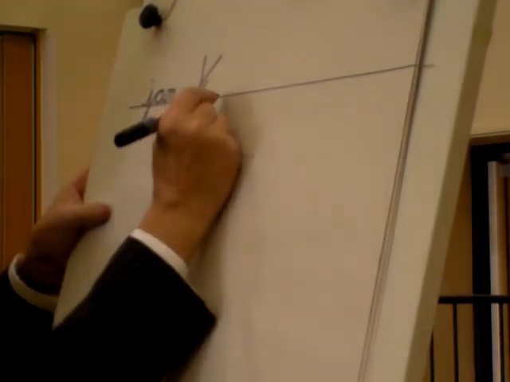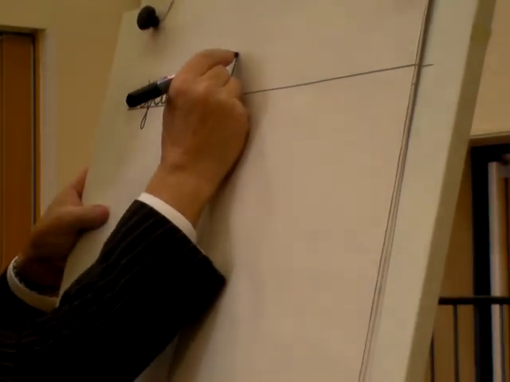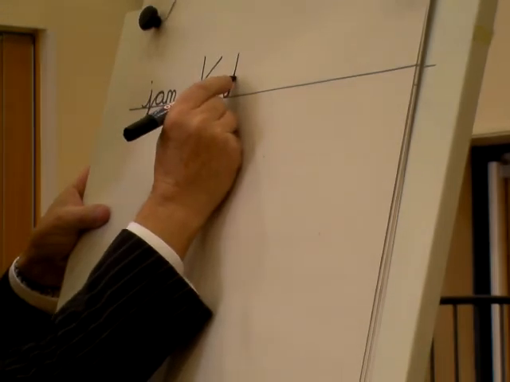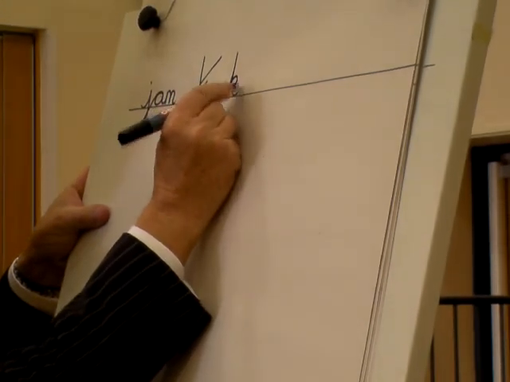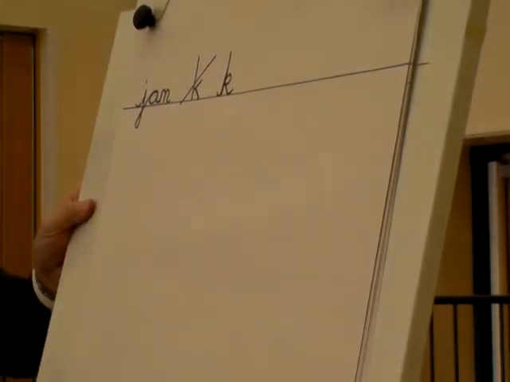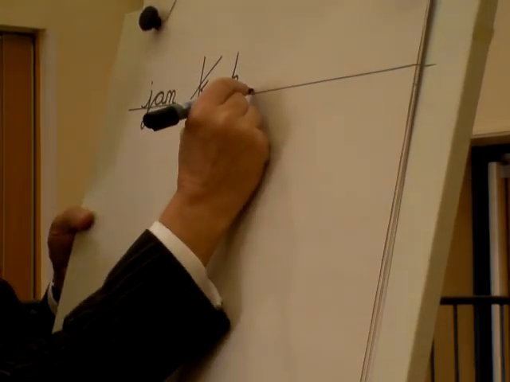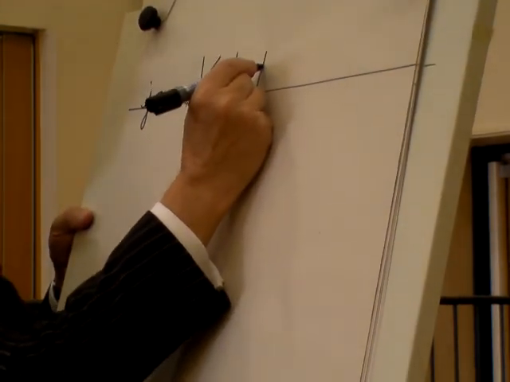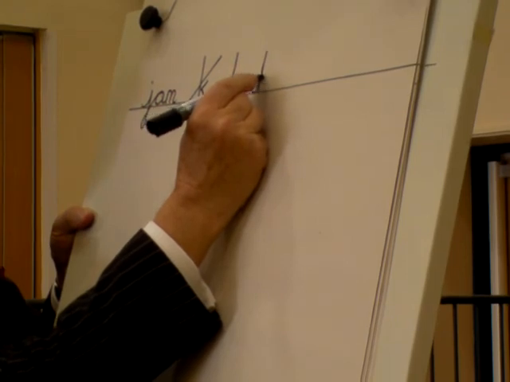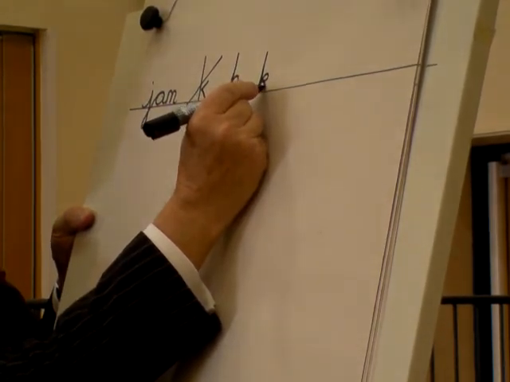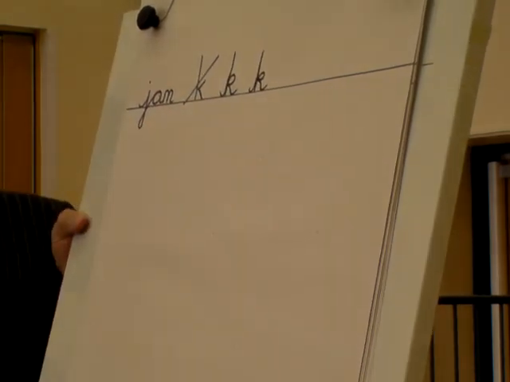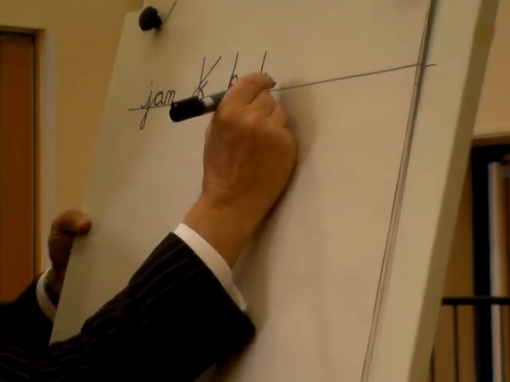We do this one, where we flick it, and then we do something that looks like that. Okay, so you go flick, up, down, like a little loop. Just imagine you're tying your shoelaces, and that's called a kicking K. It's what we call the kicking K in our school.